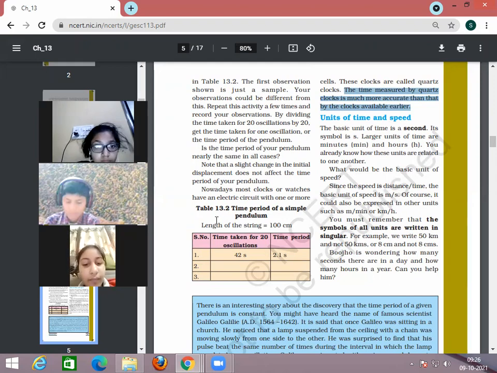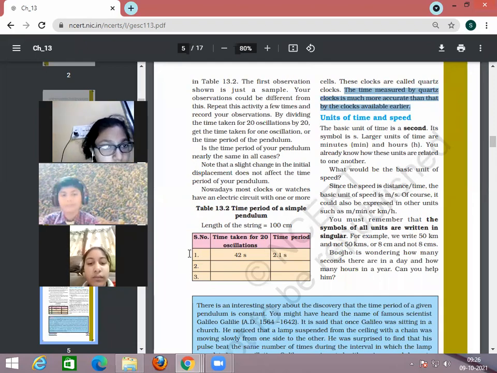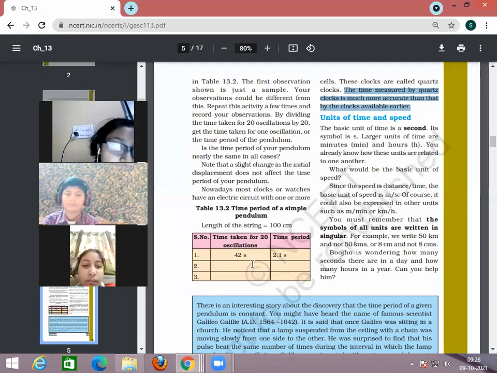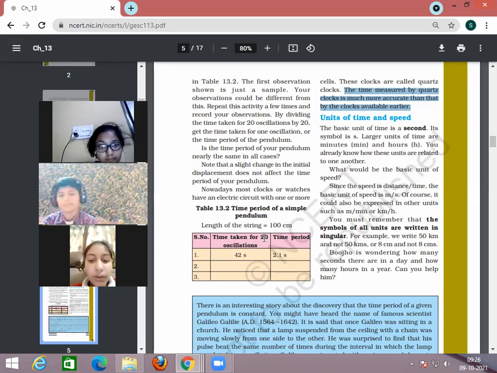Okay, beta. I want each one of you to see Table 13.2, time period of a pendulum. How can we calculate the time period? Number of oscillations upon time taken. Means we take how many oscillations a pendulum has completed and how much time it has taken. So by calculating in this way, we can calculate the time period. So children, this first is the number of oscillations. 20 oscillations we had fixed.